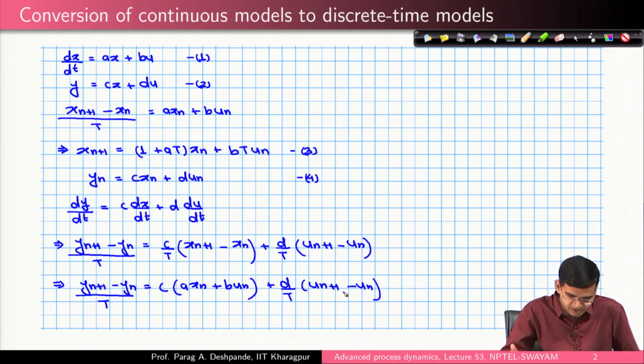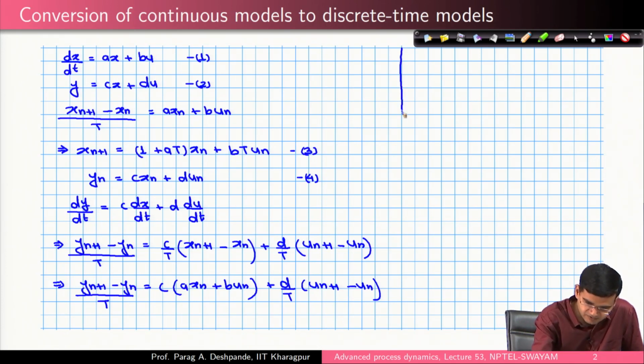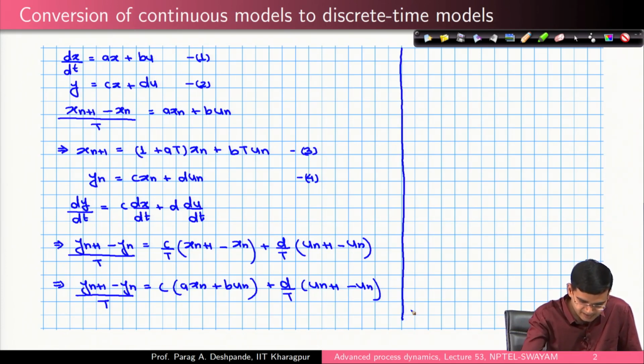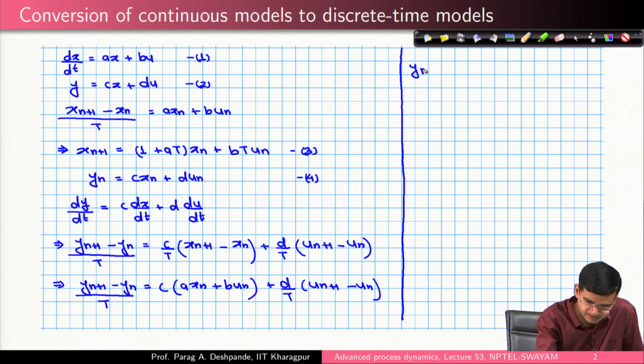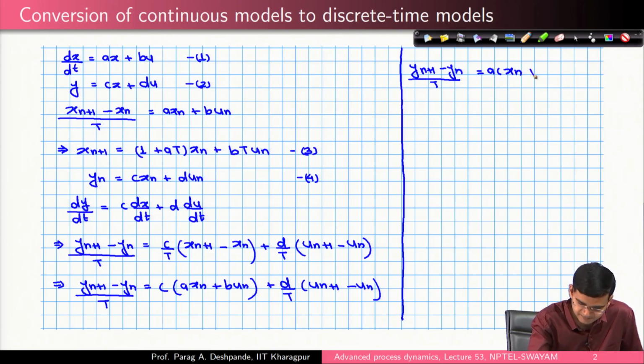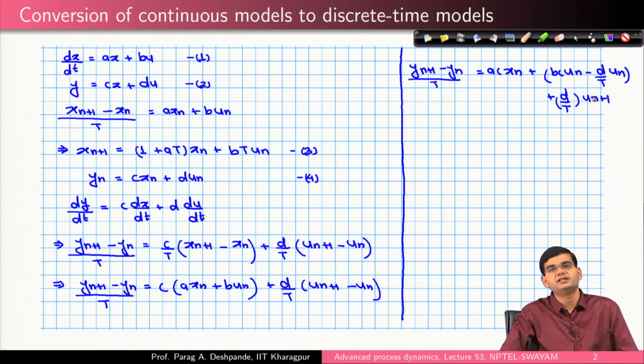Now, let us see, can I make some rearrangements? What I can do is this, I can write this as (y n plus 1 minus y n) upon capital T is equal to a c times x n plus (b c minus d upon T) u n plus d upon T u n plus 1.